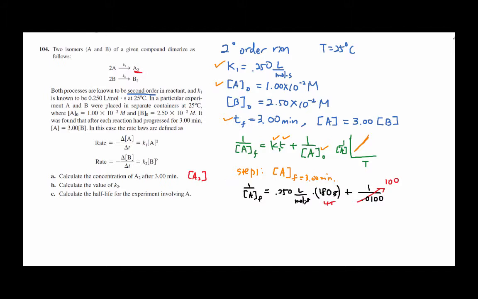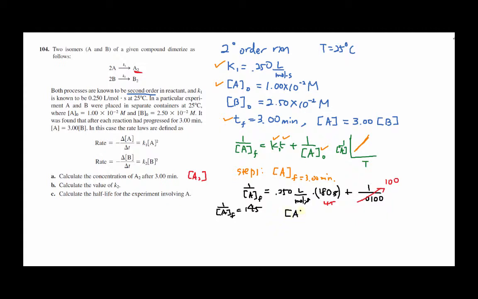145. So you get 1 over, the F is t equals 3, 180 seconds. You get 1 over, no, you get 145. And then all you have to do is reciprocate this, which is 1 over 145.